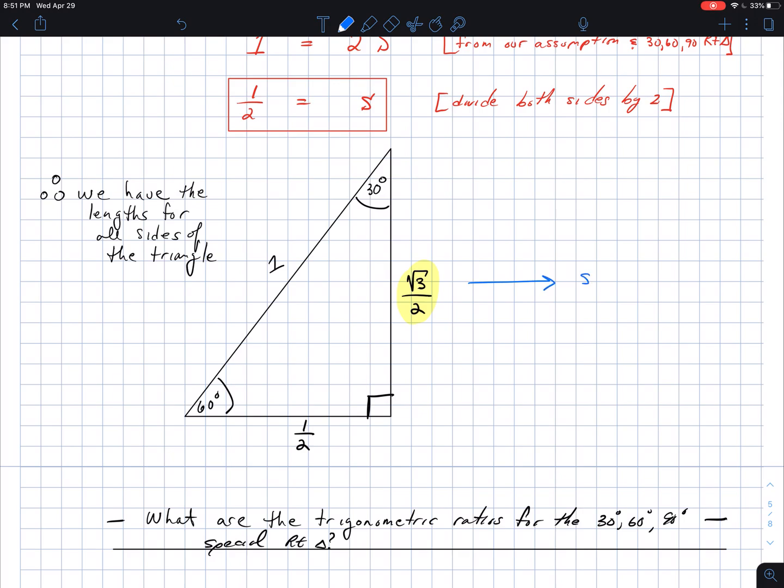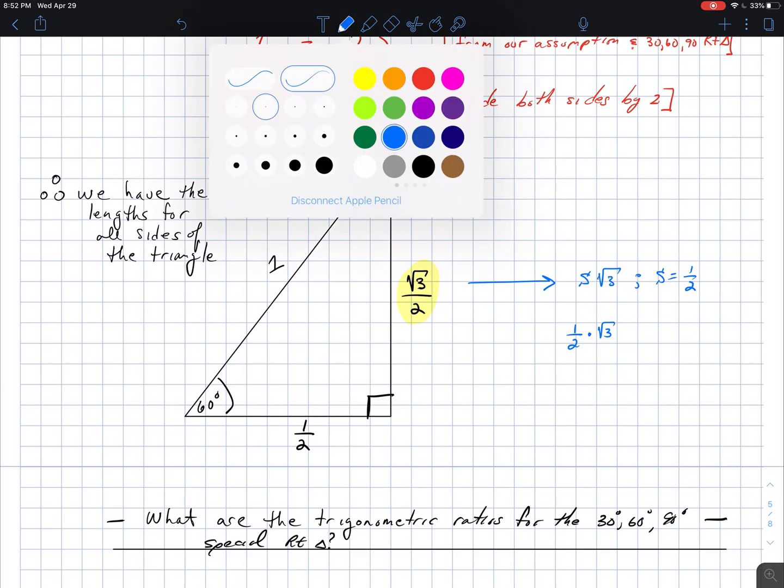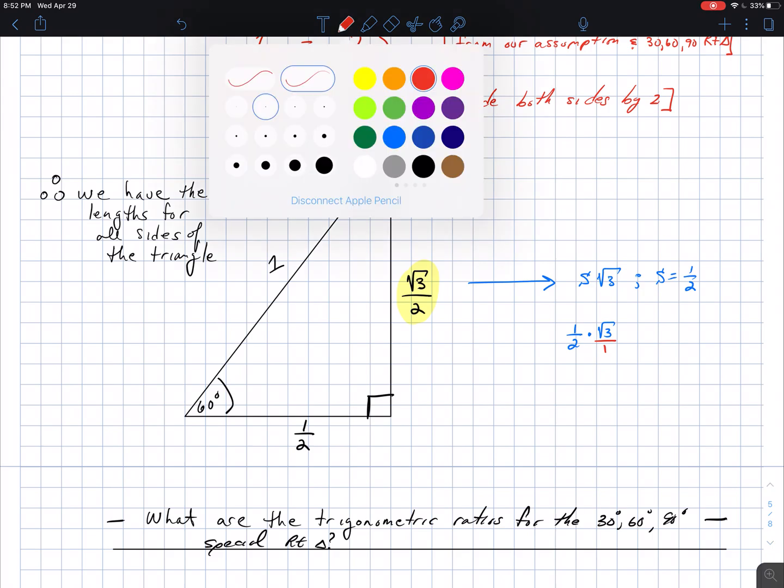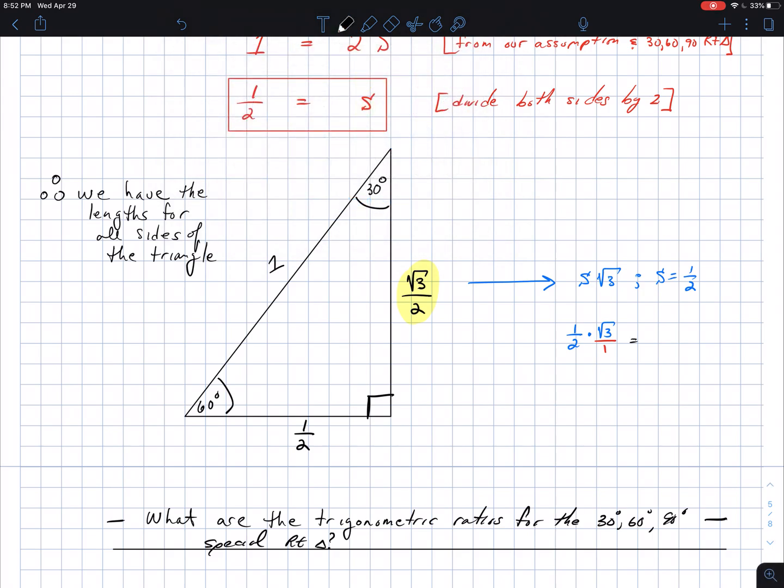It says that it's S root 3, but S is equal to 1/2. So I'll do the substitution. It's 1/2 times square root of 3. Well, the square root of 3 is really the square root of 3 over 1. So when I multiply those two together, I get root 3 over 2. And that's where that comes from.